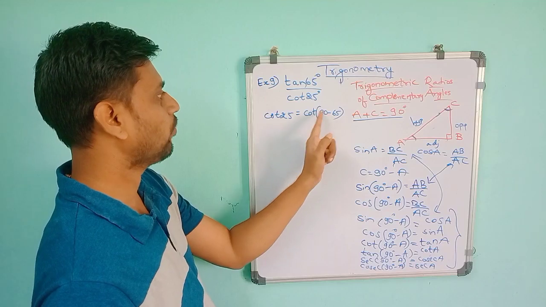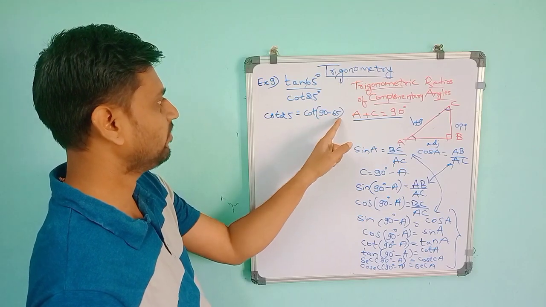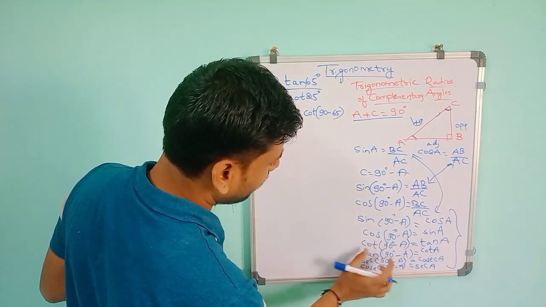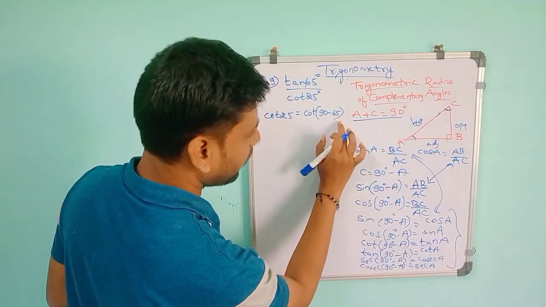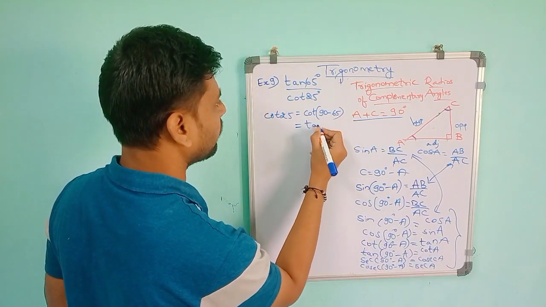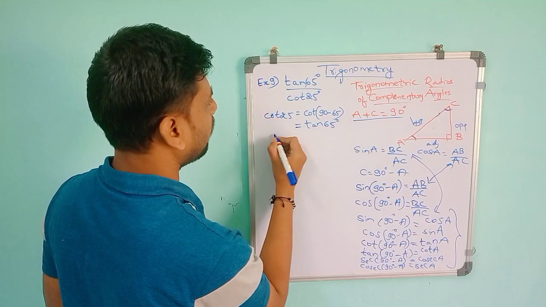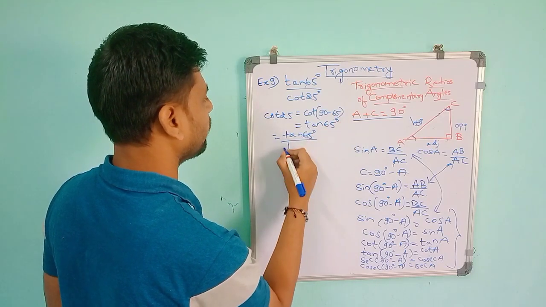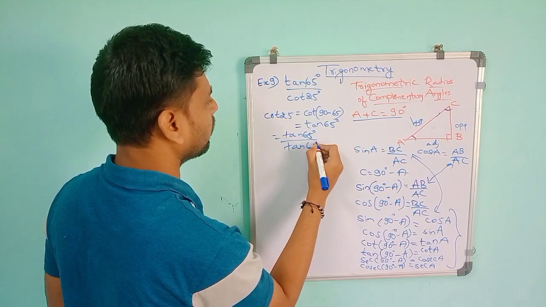I took 90 minus 65 because we have just proved that cot of 90 minus A is nothing but tan A. So with A as 65, it is tan 65. So cot 25 is also tan 65, and the answer will be 1.